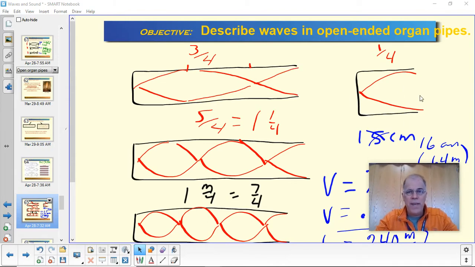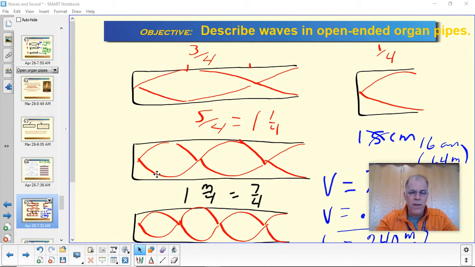And the first time we can get that kind of resonance, node at the bottom, antinode at the mouth, is 1/4 of a wavelength. So the first resonance for an open-closed pipe, closed at one end, is 1/4 of a wavelength. Then the next time it can happen is at 3/4 of a wavelength. You can see the form here. The next one is 5/4 of a wavelength.